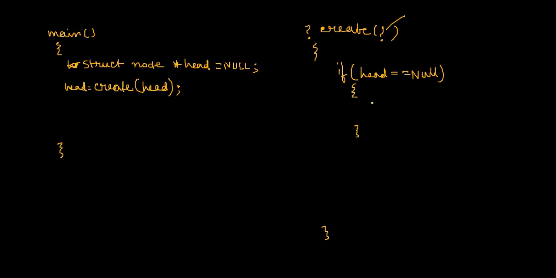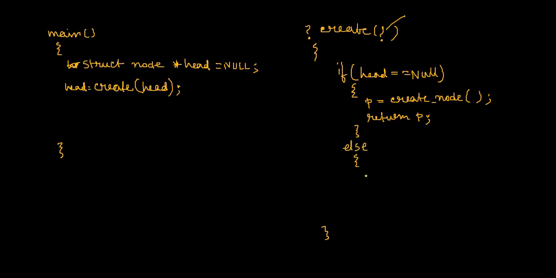So you will call p equal to create_node function, which will return a node pointed to by p, and this one will return p. That's all. And if it is the else part, then what to do?